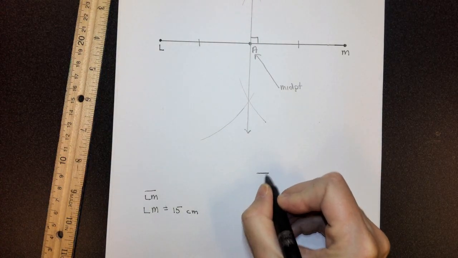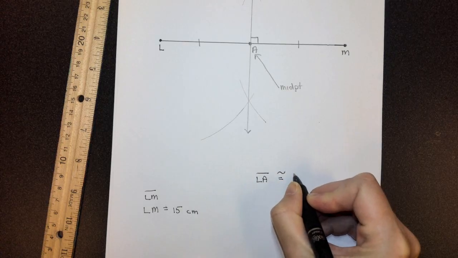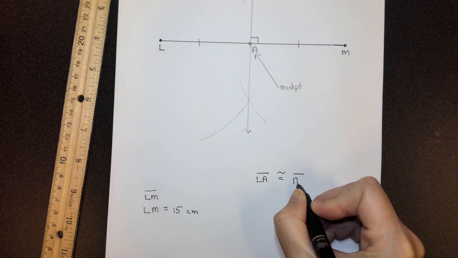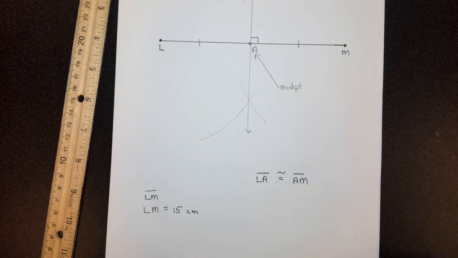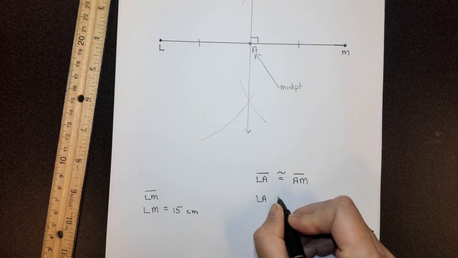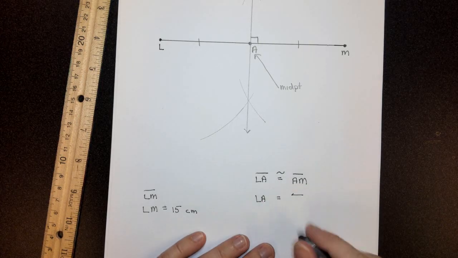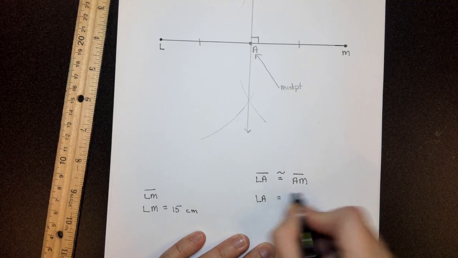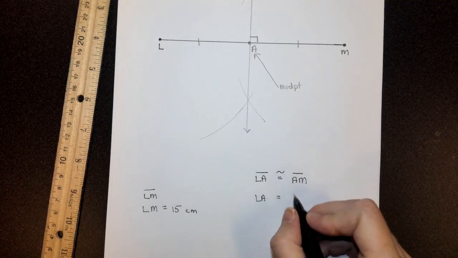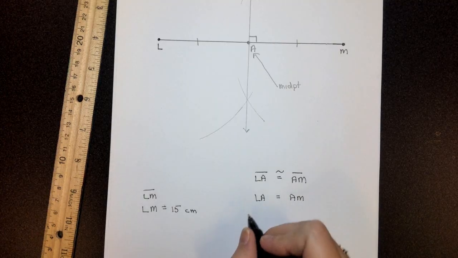So some statements I can write from here are the following. I know that segment LA is congruent to segment AM. I know the length of LA should be equal to the length of AM. So let me double check this.